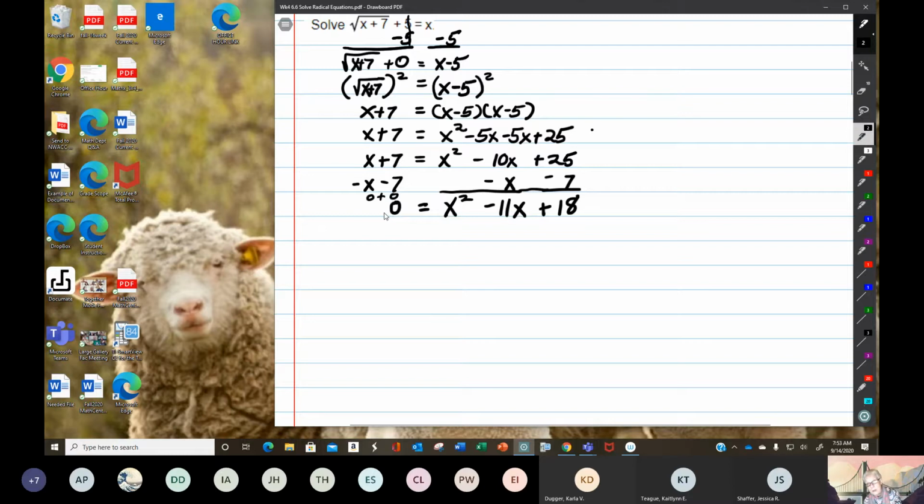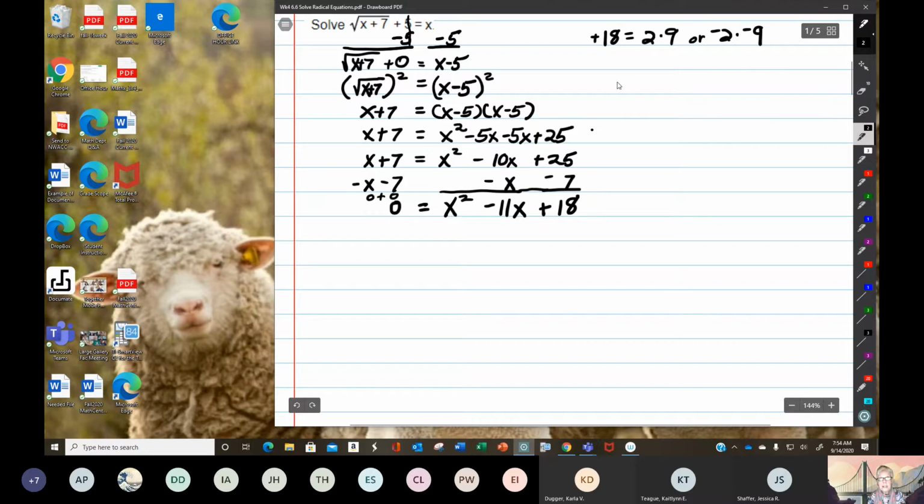Okay, now we've got a quadratic equation, and it is very easily factored. In fact, it's hard to get smaller than 18. You can, and it's nice when it happens. So positive 18 is going to equal 2 times 9, or negative 2 times negative 9.